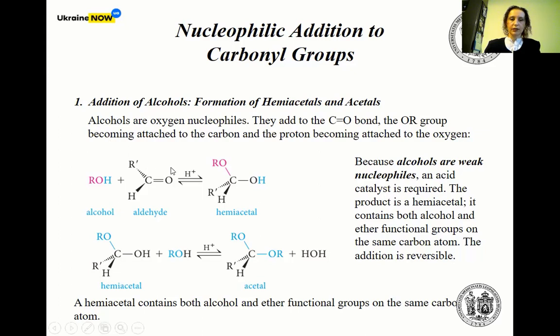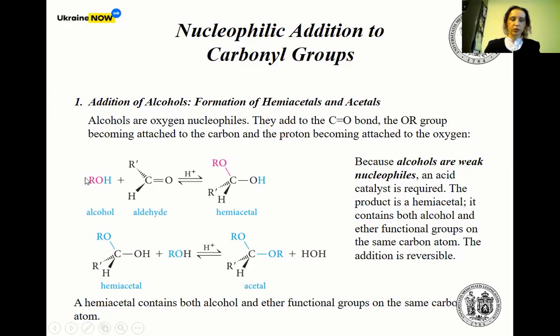As I said on the previous slides, this reaction is reversible, and the catalyst here is protons that increase the reactivity of the aldehyde or ketone.